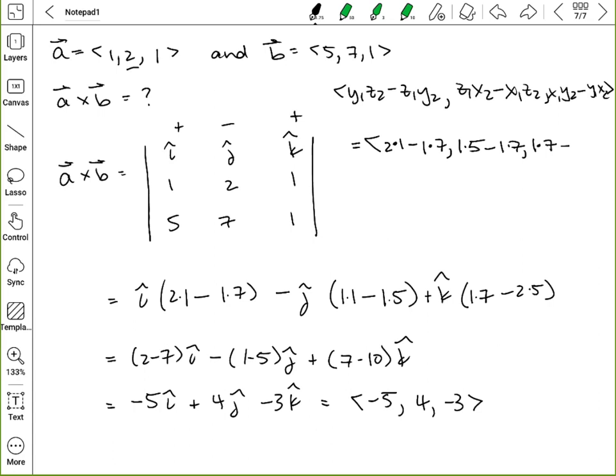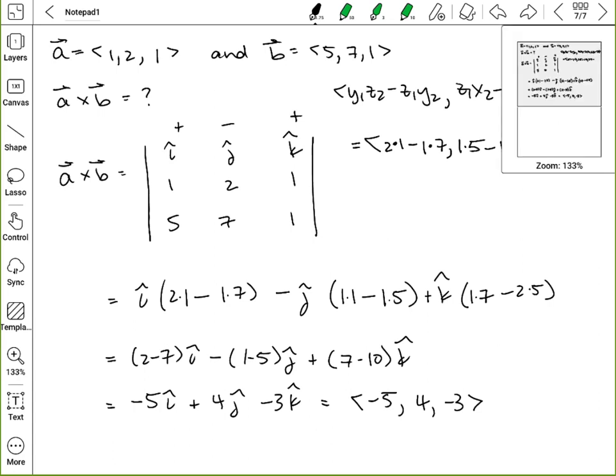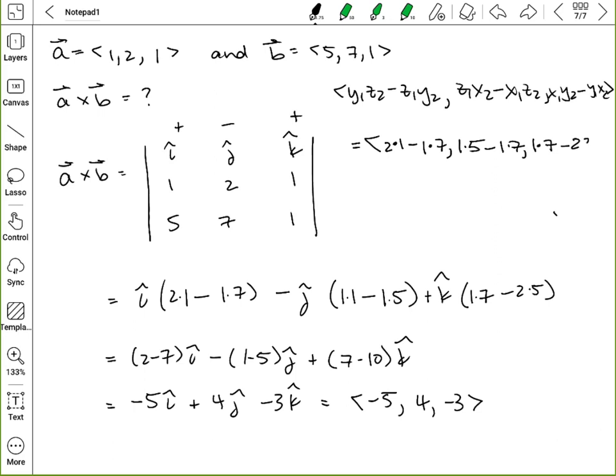Y1 is 2. And x2 is 5, right there. So then we're going to get 2 minus 7, 5 minus 7. Oh, and something's already gone wrong, so I'll go ahead and figure out what I did wrong there in a second. And 7 minus 10.